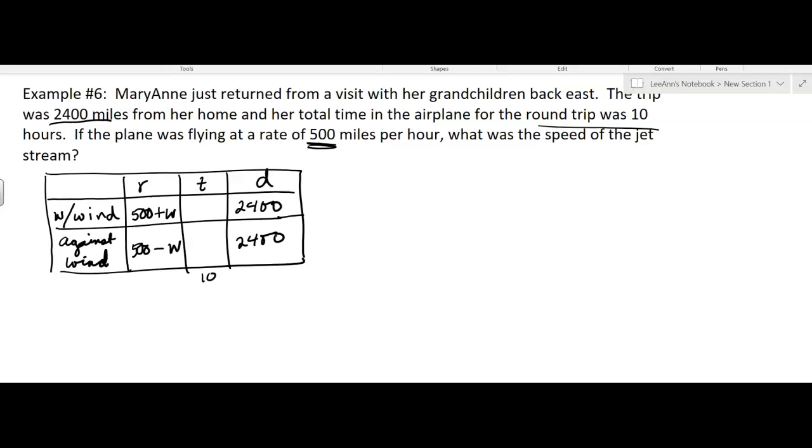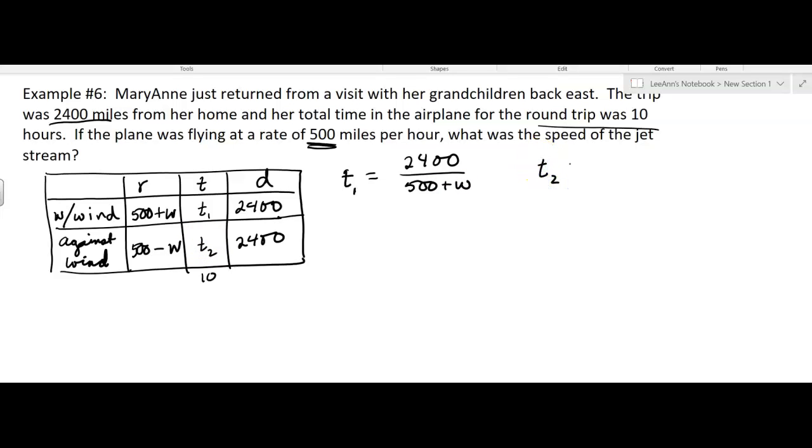So we're going to use that idea of distance over rate. The time, I'll make this a t sub 1. That time is going to be 2,400 divided by 500 plus W. And then I'll make this time t sub 2, because we don't know what it is.